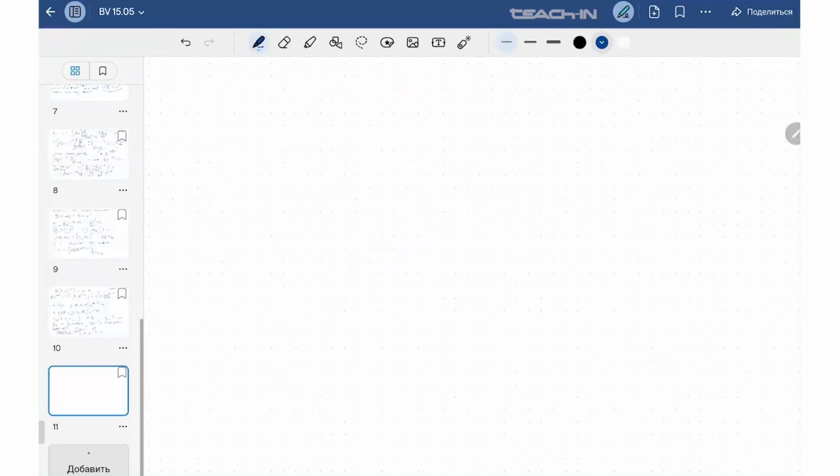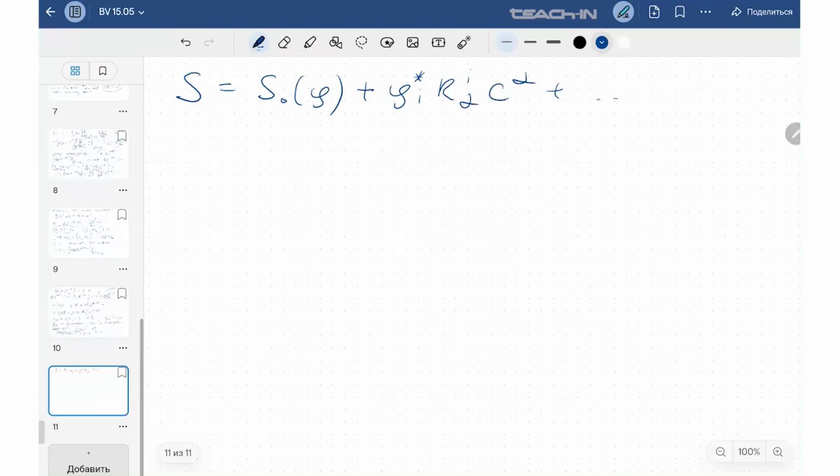So let's pick an action, the standard example for us. Let's take S to be some classical action of phi, and the simplest situation where we only have independent gauge generators, a so-called irreducible gauge theory. So here we have phi star i, R i alpha, C alpha, plus perhaps terms of higher resolution degree, but they are not important to us now.